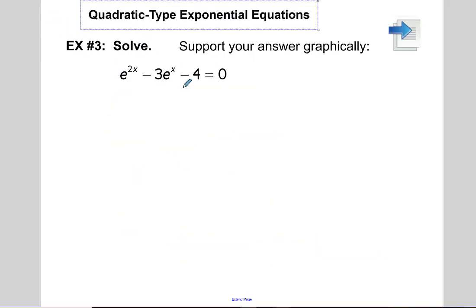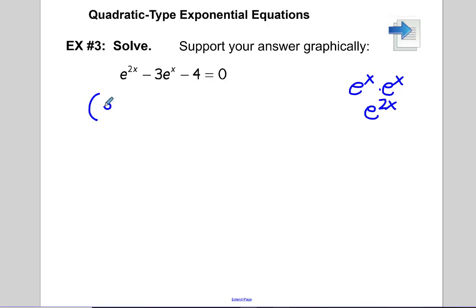In example 3, we have a quadratic type, and we're going to support our answer graphically. So can you see that it looks like an x squared here and a 3x here and a minus 4? We're going to think about e to the x times e to the x is e to the 2x.